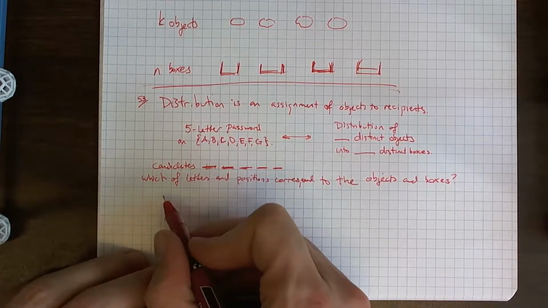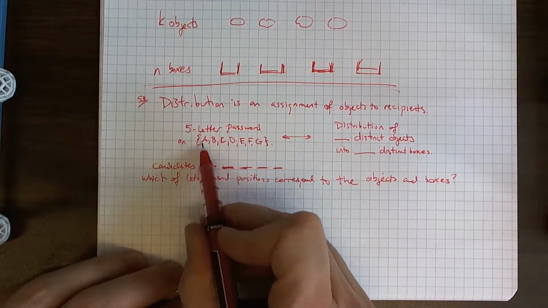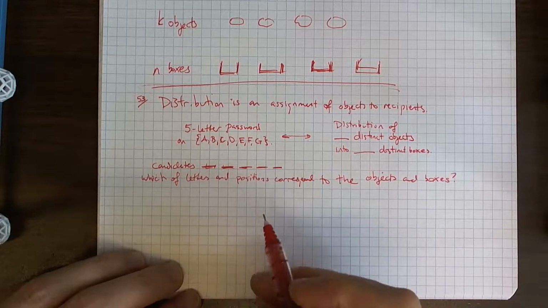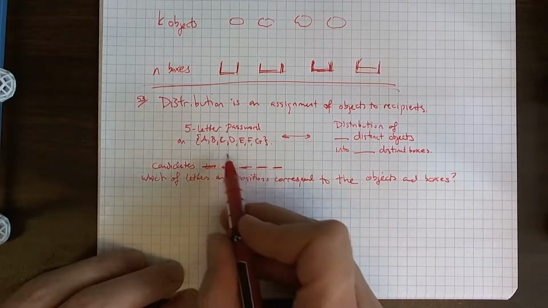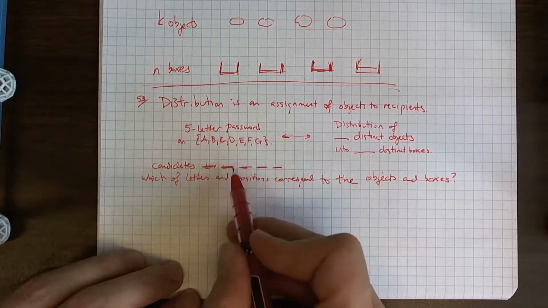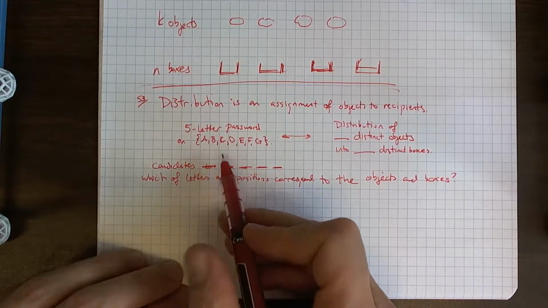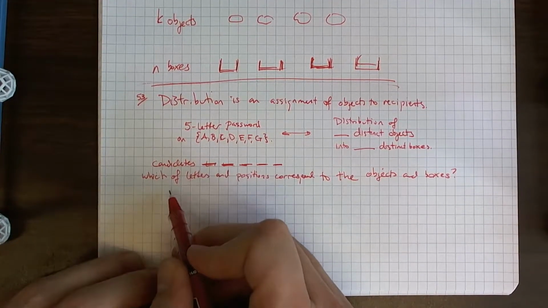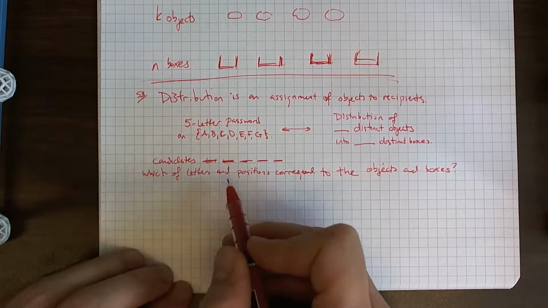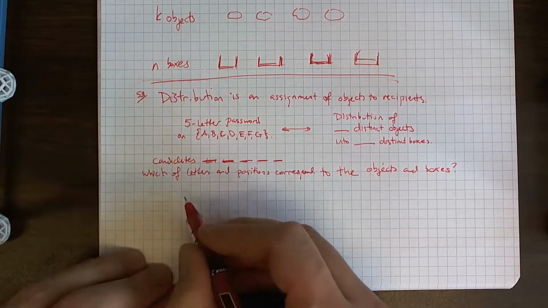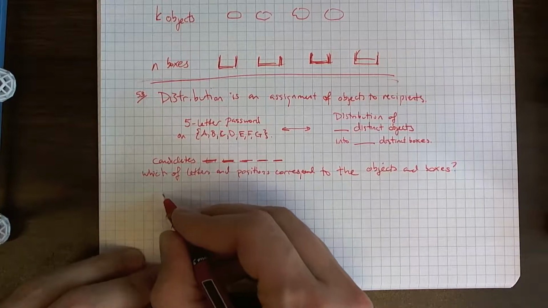So it's a natural thought. Well, we're putting letters into the positions, and so these should be the objects and these should be the boxes. But the problem with that is that when you think of this as a distribution of assigning objects to boxes, what you're really doing is you're coming up with a function.